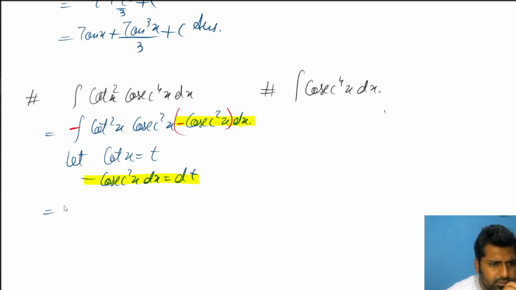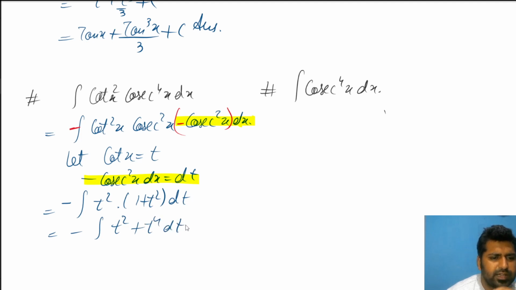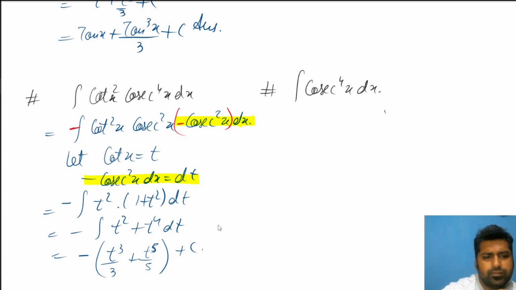rest minus integration cot is t, cosec square is also 1 plus cot square, so 1 plus t square again dt. So you'll see again pretty much the same expression, t square plus t raised to power 4 dt with a negative sign. That's the only difference. So this is t cube by 3 plus t raised to power 5 by 5, plus c.